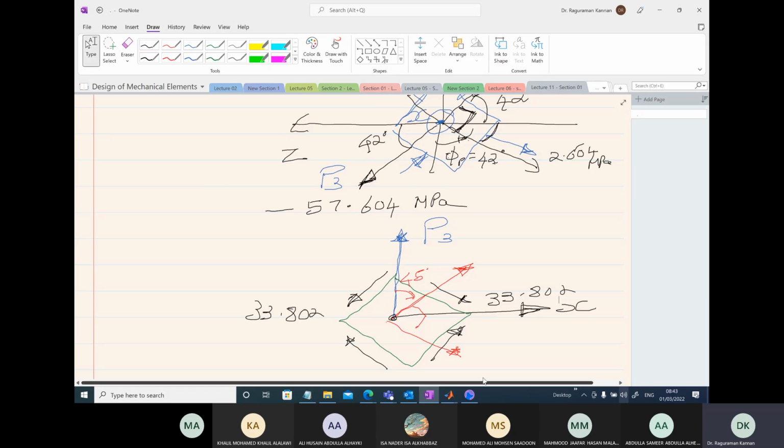But the stress element in the maximum shear stress direction is still not complete. We need to also get what are the normal stresses corresponding to the maximum shear stress direction? How do we get it?